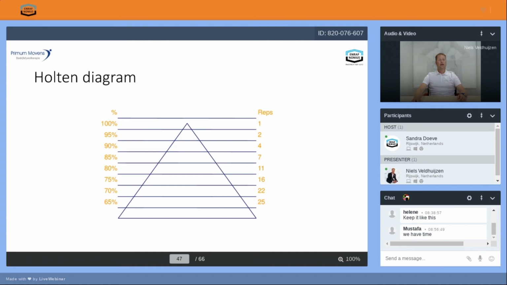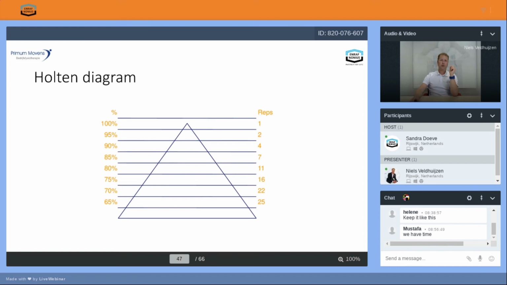The 1 repetition maximum is related to the so-called Holten diagram. It's already quite an old diagram, but it's still applicable. You should realize that this diagram was developed somewhere in the early 80s or the late 70s, and it shows the relation between the repetitions on the right hand side and the maximum effort on the left hand side.